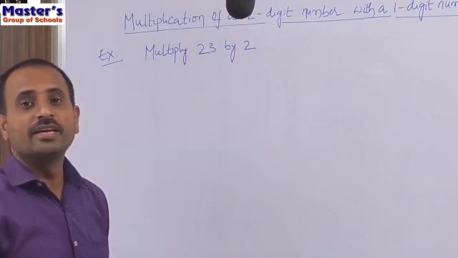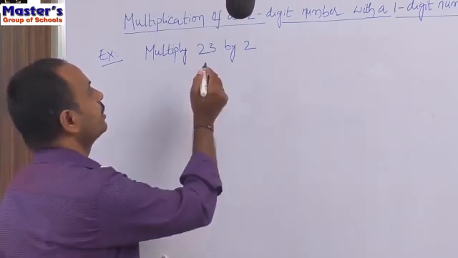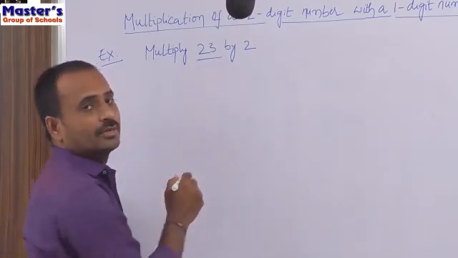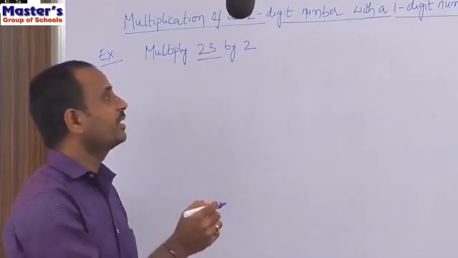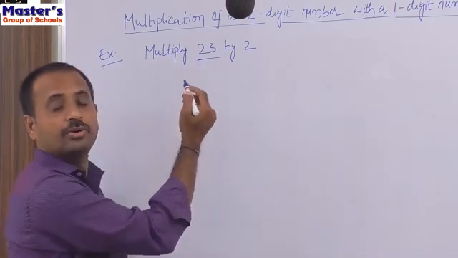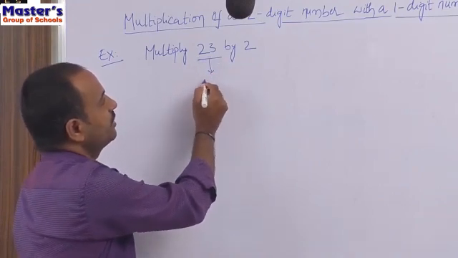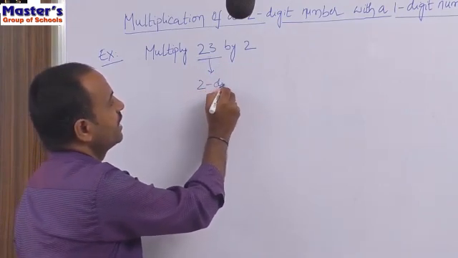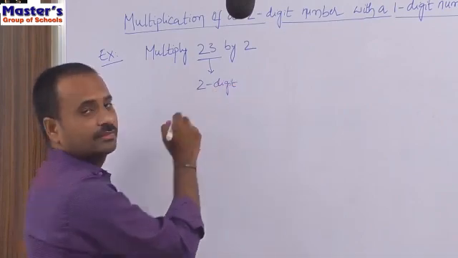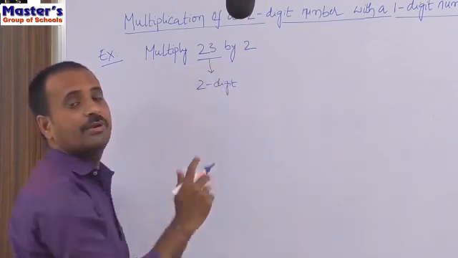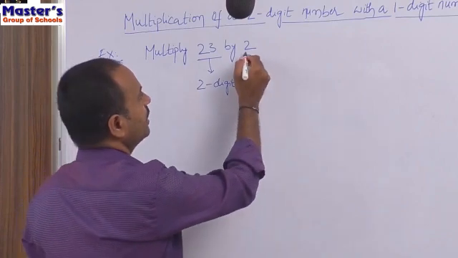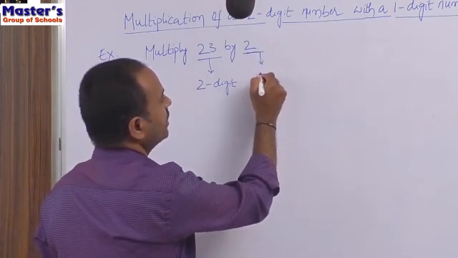Children, here 23 is a 2-digit number. In 23 there are 2 digits, that is 1, 2. So this is a 2-digit number. And 2 is a 1-digit number.